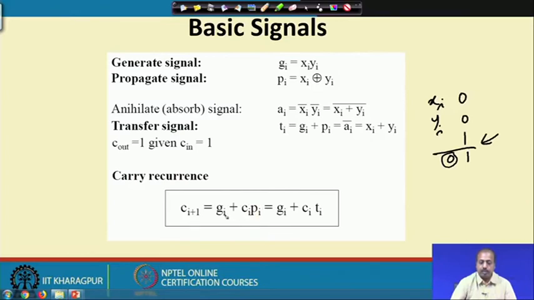So, the expression is gi plus Ci pi, and this expression can be written as gi plus Ci Ti. Instead of Ci pi, I can write Ci Ti, the transfer signal. This way, the carry recurrence occurs.